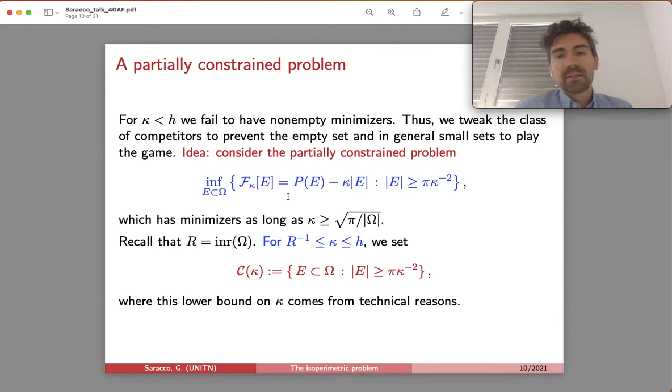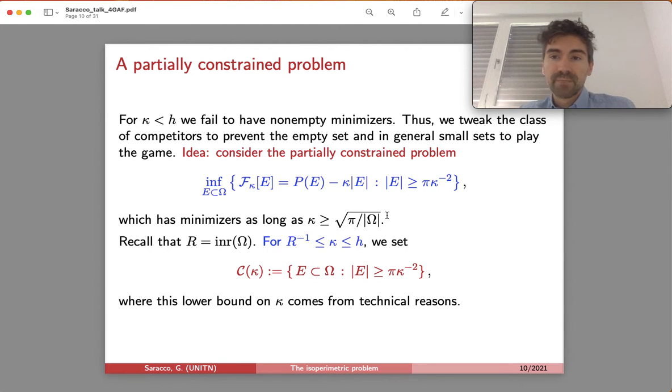And, well, this class is clearly non-empty as long as you choose kappa big enough, that is, kappa bigger than or equal to this constant, okay, because at that point you're ensured to have competitors. And, well, actually we will require something more. We will require kappa to be, on the one hand, less than or equal to the Cheeger constant, and on the other hand, greater than or equal to 1 over capital R, where again capital R is the radius of the greatest ball contained in omega. That is, kappa must be greater than or equal to the curvature of the greatest ball contained in omega.